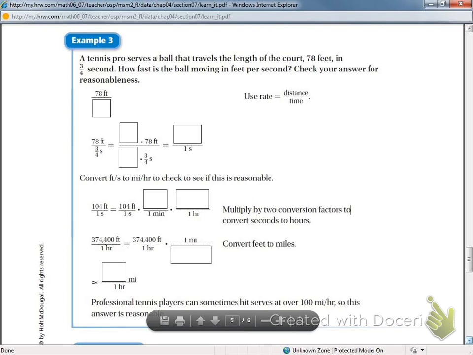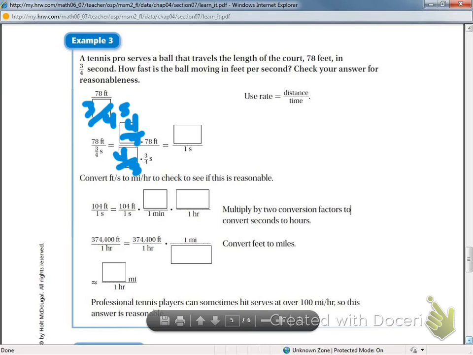So we know that it's moving at 78 feet in 3/4 seconds. So if I multiply by the reciprocal of 3/4, which is 4/3, and I apologize, that's really tiny.